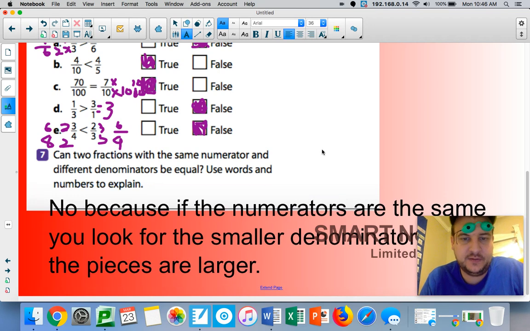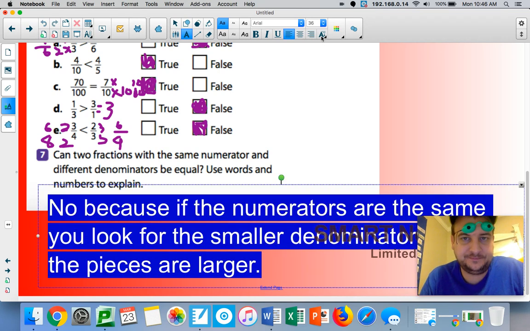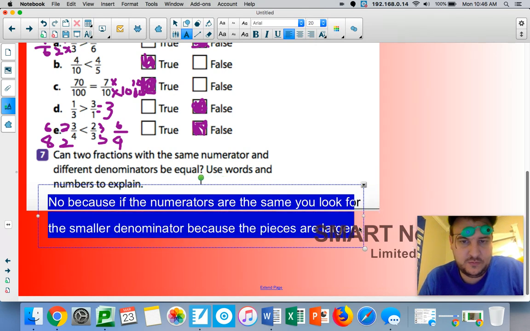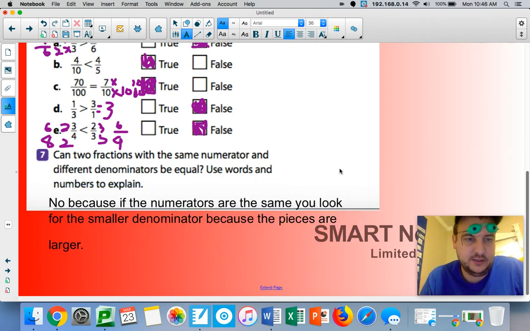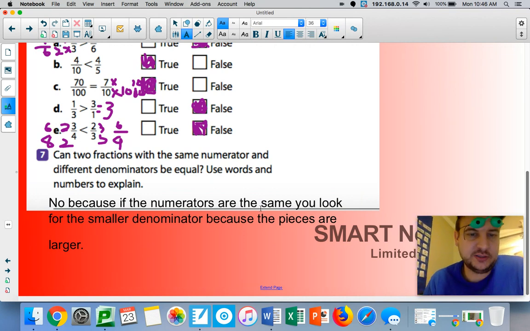Okay. All right, let me shrink that down so you can actually see it. So no, because if the numerators are the same, you look for the smaller denominator because the pieces are larger.